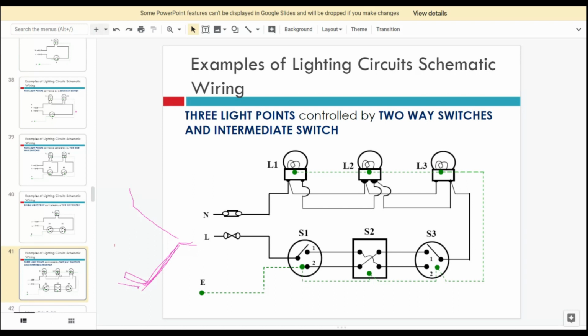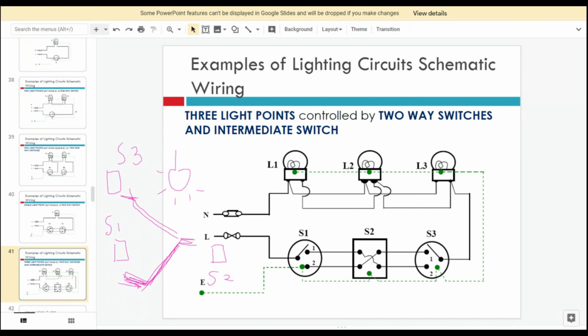We have the switch here, and then we have the light bulb here, and then one more switch here. This is switch 1, this one is switch 2, and then we have switch 3 here. This one is the ground floor, the first floor, and the third floor.